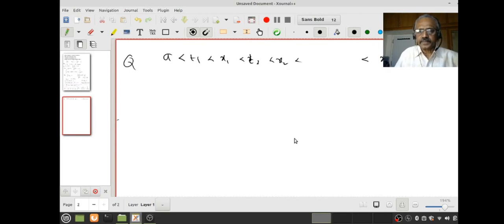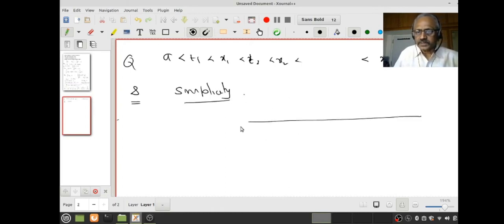Now, but I also want tags. What are the tags? The tags are very interesting. For simplicity, we are going to assume my partition is something like a, x1, x2 and b, and the tags are t1, t2 and t3.